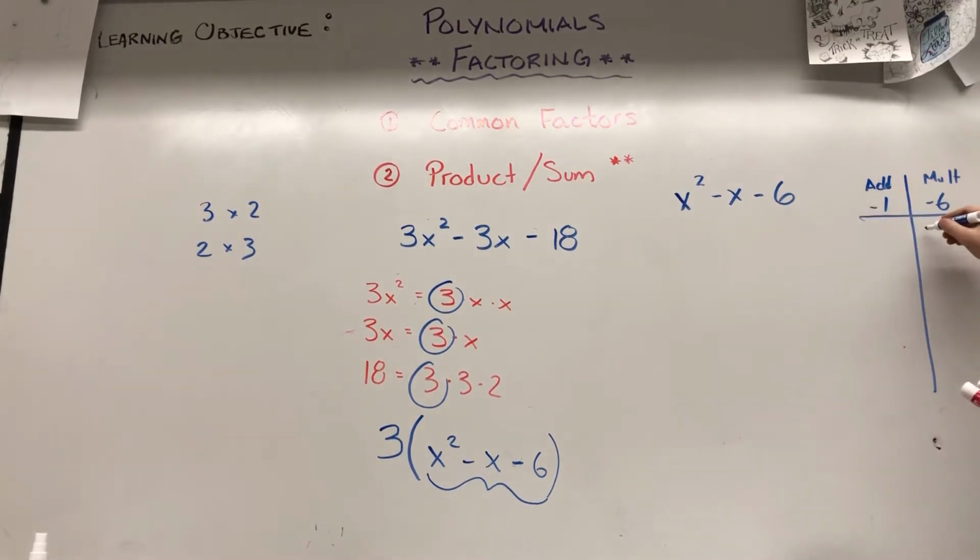Well, negative 6 times positive 1 gives me negative 5. No. Positive 3 times negative 2 gives me negative 6 and gives me positive 1. Okay, I'm close because that's the right number, just the wrong sign. So let's reverse it. Negative 3 times positive 2.